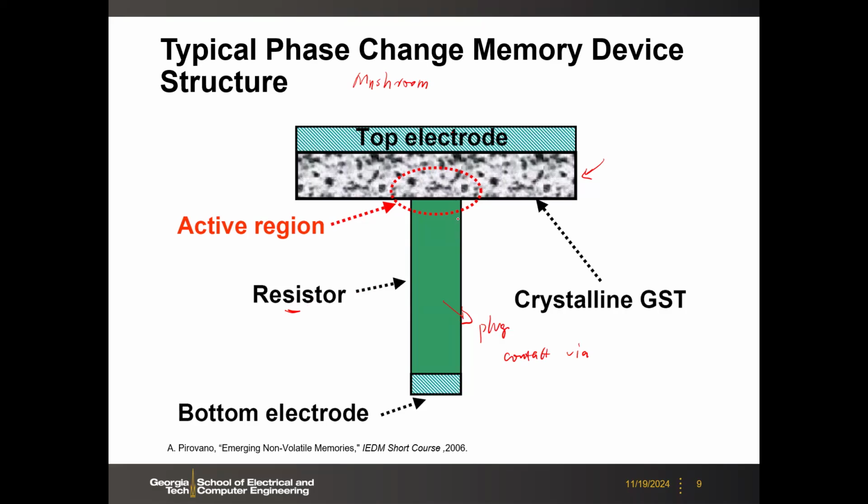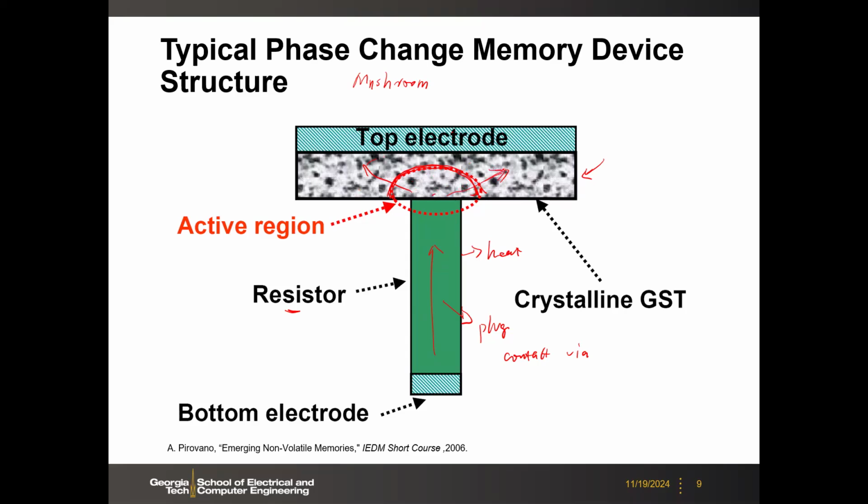The goal of this plug is to generate heat, because your current flows through here. Pure Joule heating, basically. This heat will melt this region, okay? This is the active region of the device, because the heat will dissipate, right? You will have a gradient from the high temperature to the low temperature.